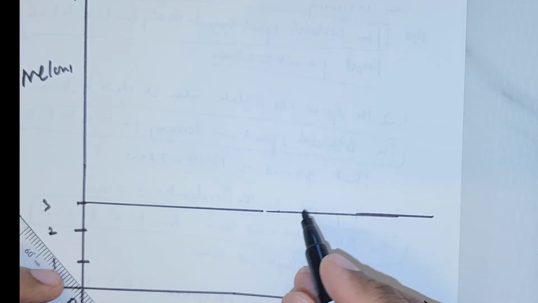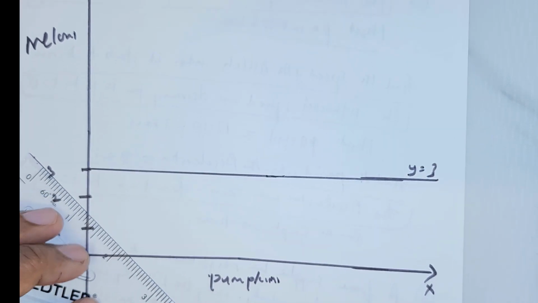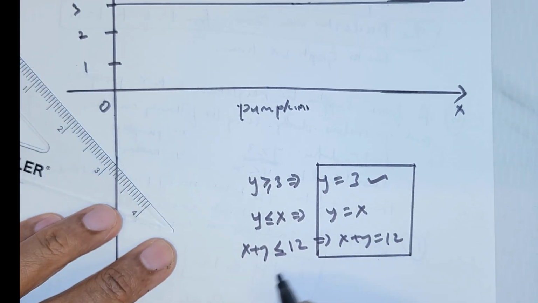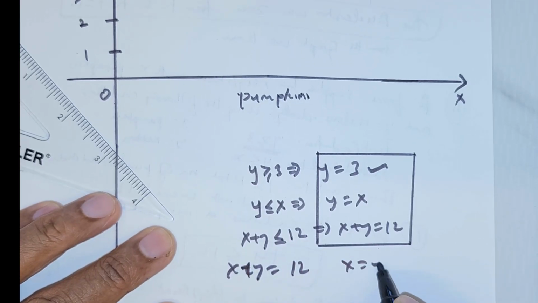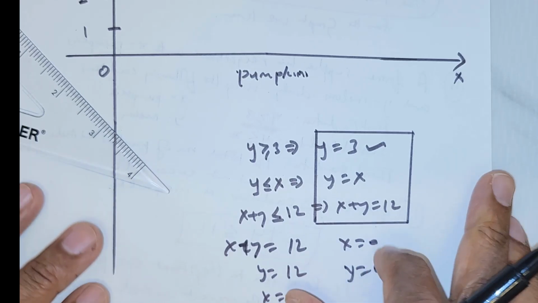This line is y is equal to 3. Next, x plus y is equal to 12. So how are you going to draw this? When x is equal to 0, y is equal to 12. When y is equal to 0, x is equal to 12.